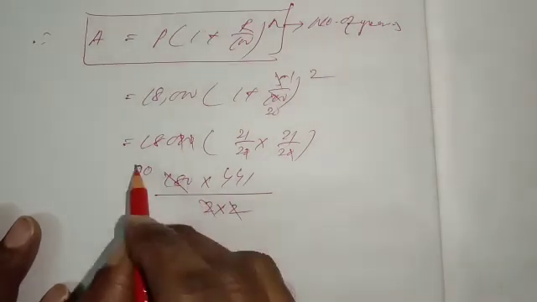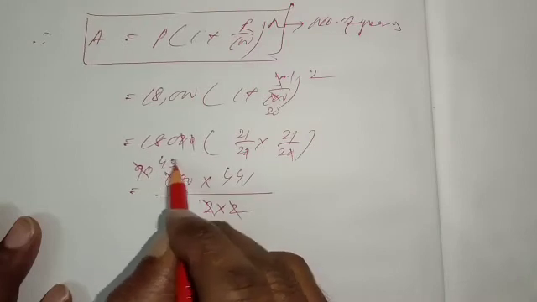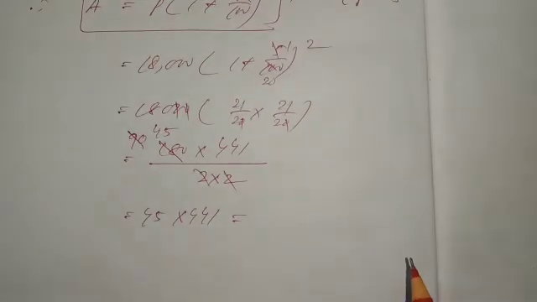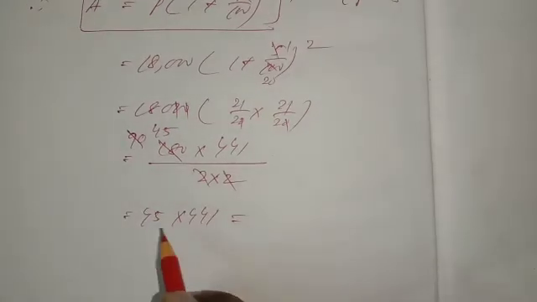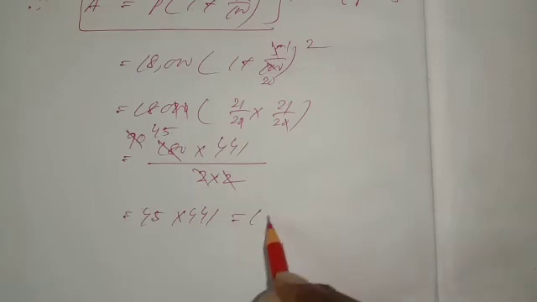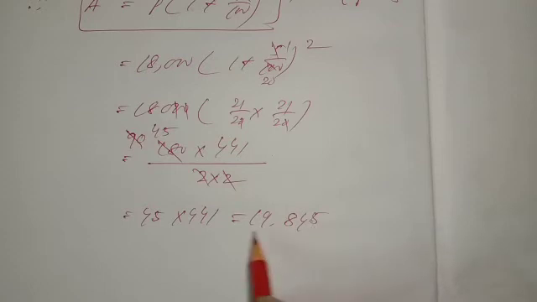Again it will go by 2, that is 45. Finally we are getting 45 into 441. If you multiply 45 with 441, you will get 19,845, and this is the final population after 2 years.